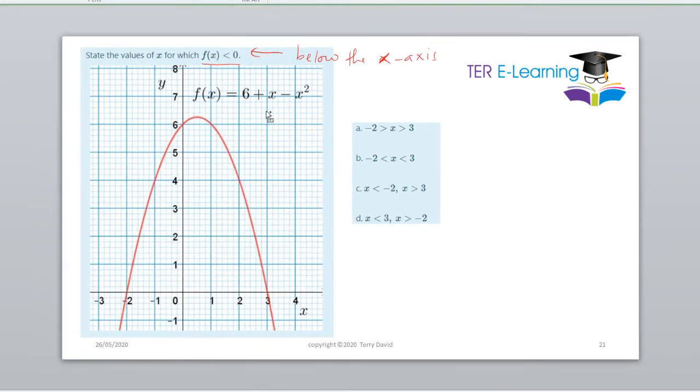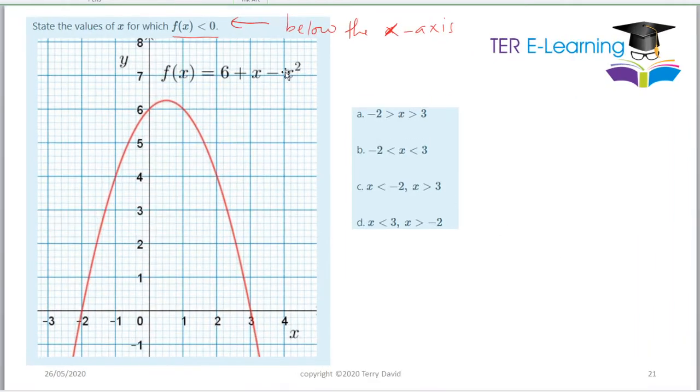Right? So below the x-axis will correspond to this here, this part of the graph, and also this part of the graph, right? So which means that anything above this value here will be less than, and anything less than this value here will be less than.